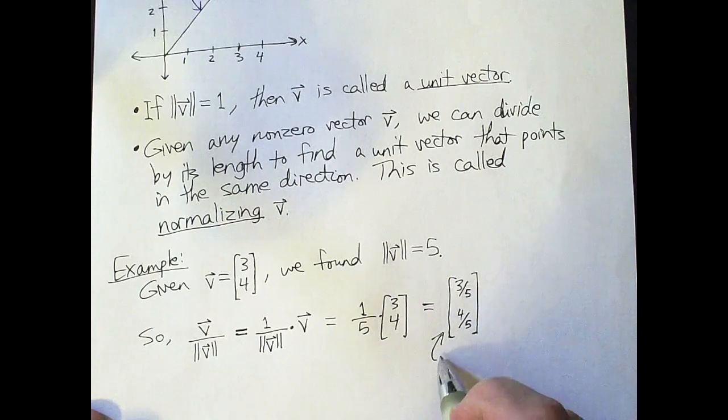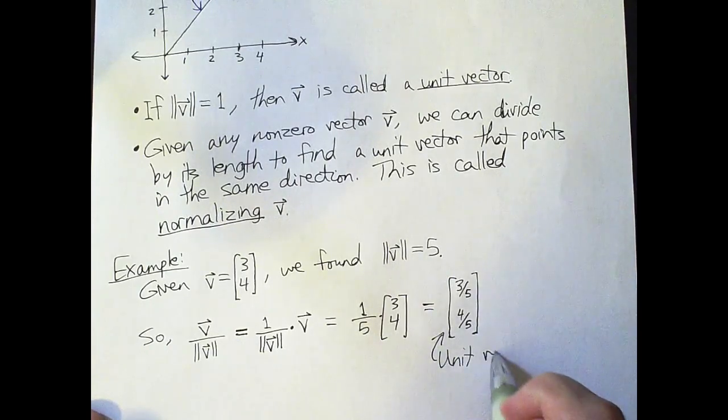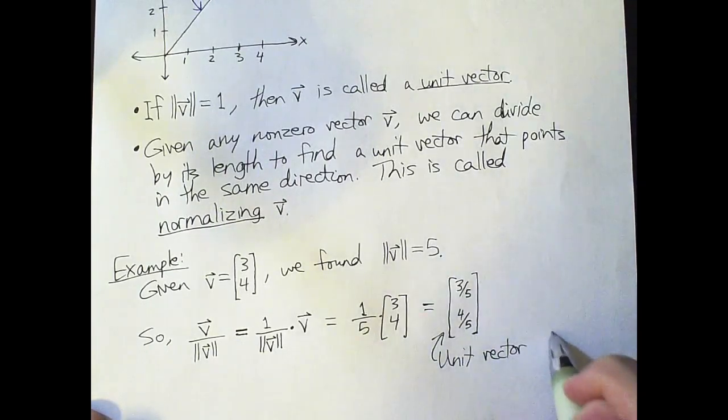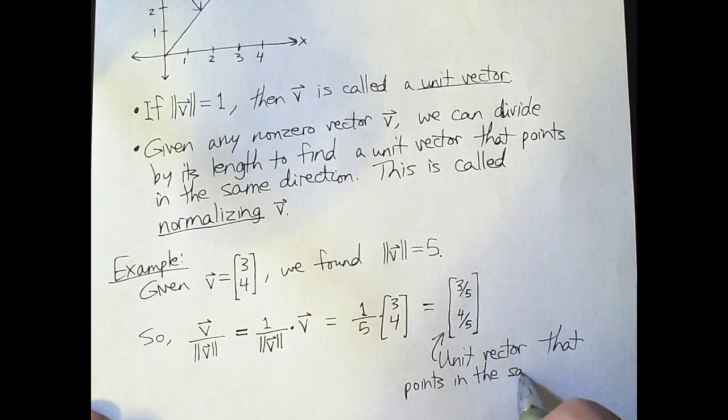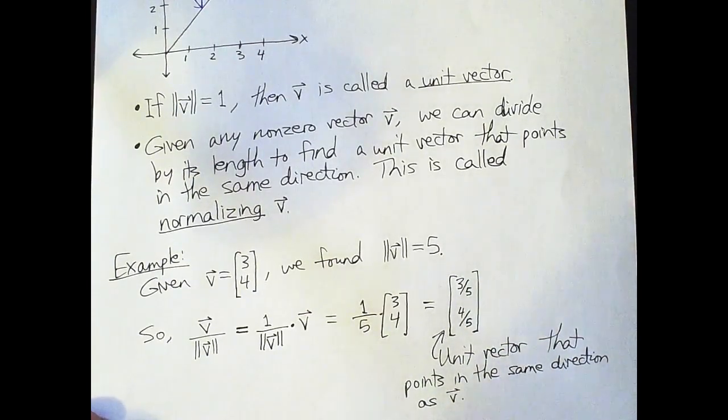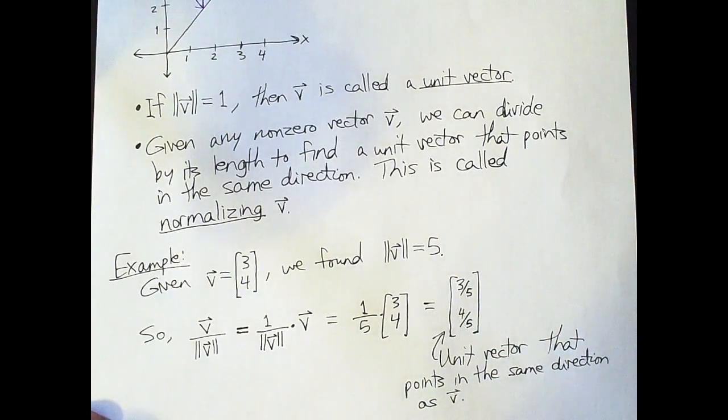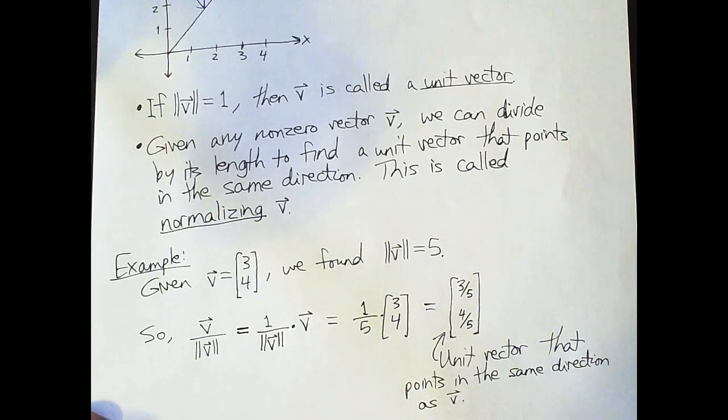And this result is a unit vector that points in the same direction as v, the original vector we started with. The actual computation was pretty simple.